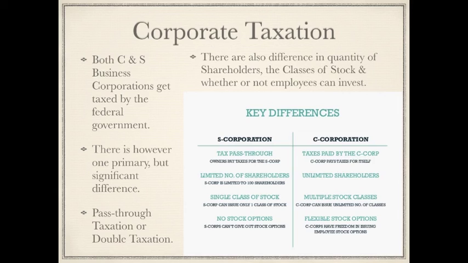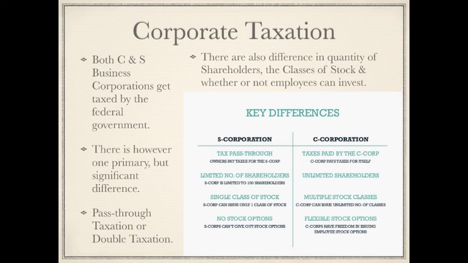However, although there are many similarities, the significant primary difference is in how they are taxed. Both C and S Corps are taxed by the federal government, so you've got to pay taxes either way. However, the difference is pass-through taxation or double taxation. The S Corp has pass-through taxation, which essentially means that you only have to pay taxes through your personal income.